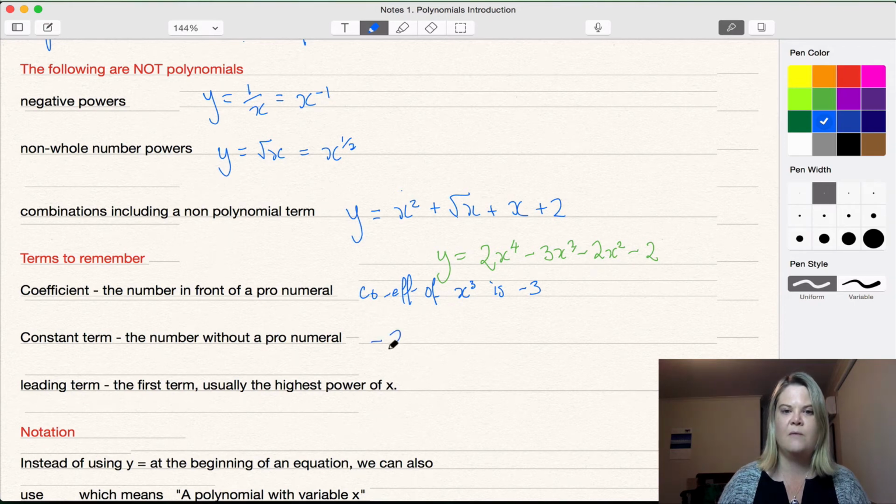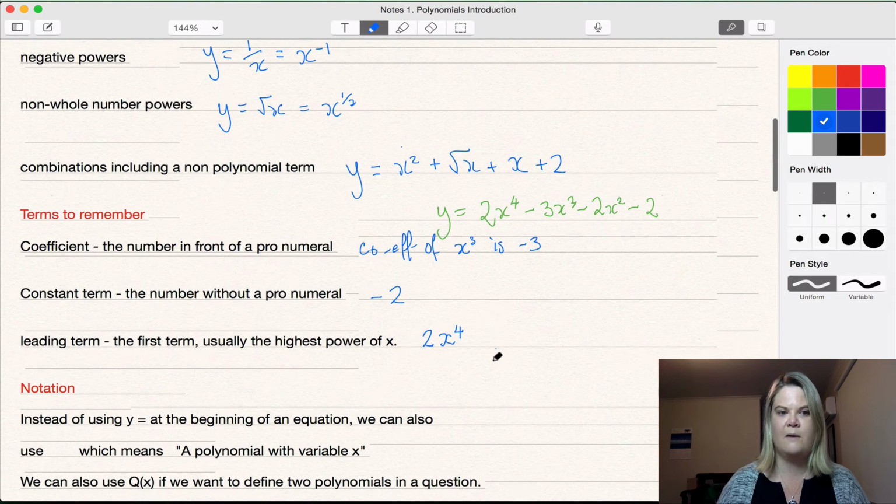Remember, keep the negative with the number. The leading term is the first term, and we usually write each term in order of descending powers. So it would usually be the highest power of x. In this example, leading term, you write the whole term, not just the coefficient: 2x to the power 4.